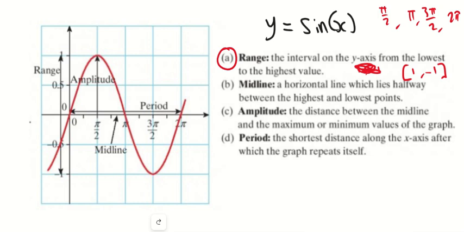And that's another thing that changes. So it's from the midline to how far the upper curve is, or how far the down curve is. The period, that's the shortest distance along the x-axis at which the graph repeats itself. You can see here that from that point there the graph goes up and down and up, and it gets back to that point again, and then that is just going to be repeated after that.